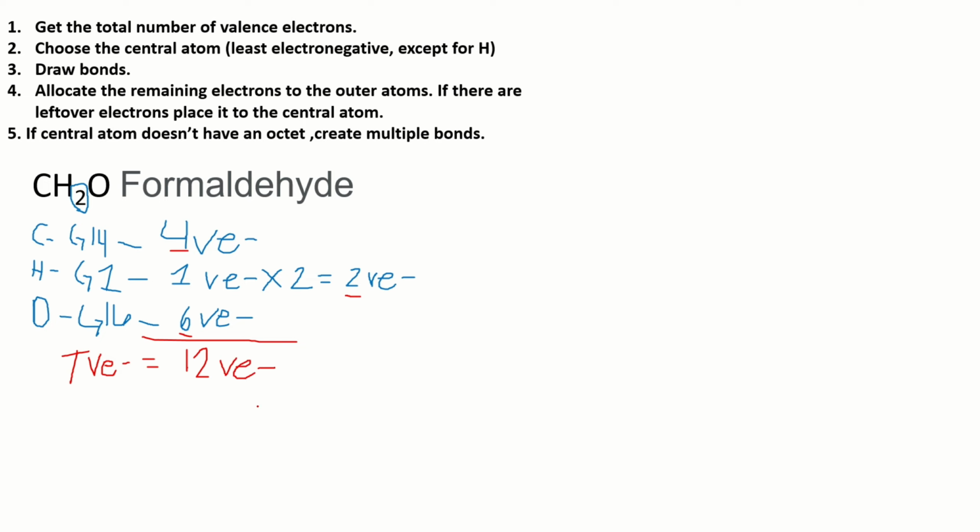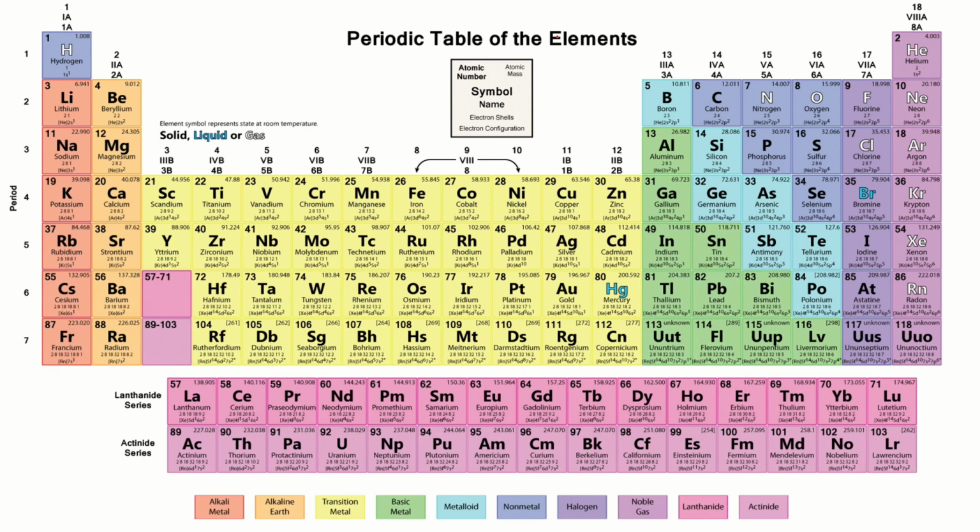Next we're going to choose the central atom, the least electronegative except hydrogen. We have 2 options left, carbon and oxygen. So which one is our central atom? Because hydrogen will never be the central atom. Now, the electronegativity decreases from right to left.